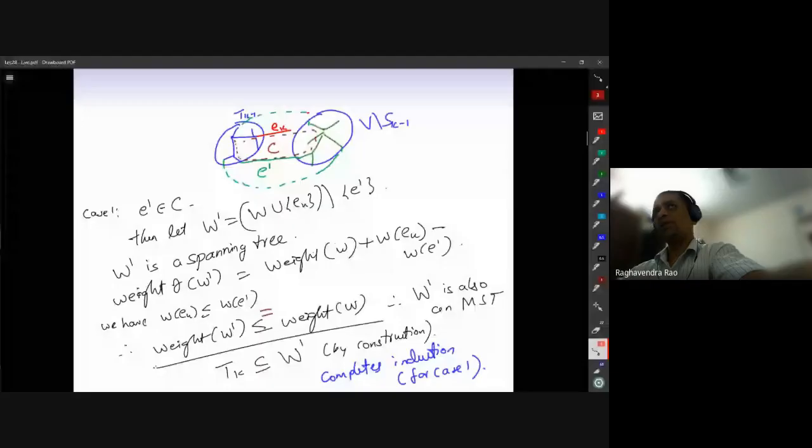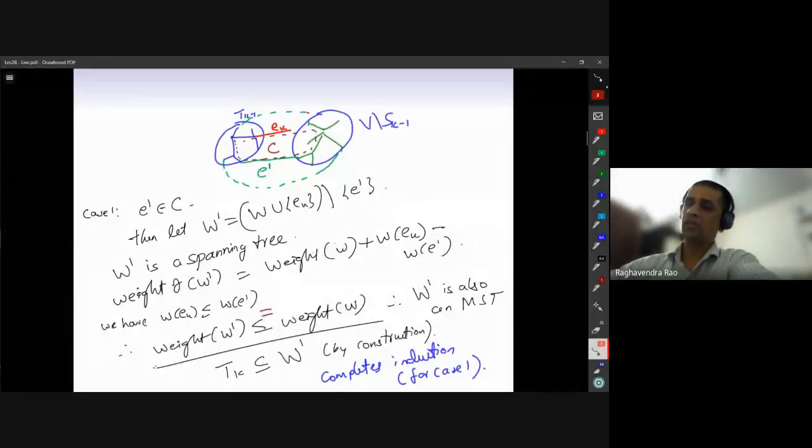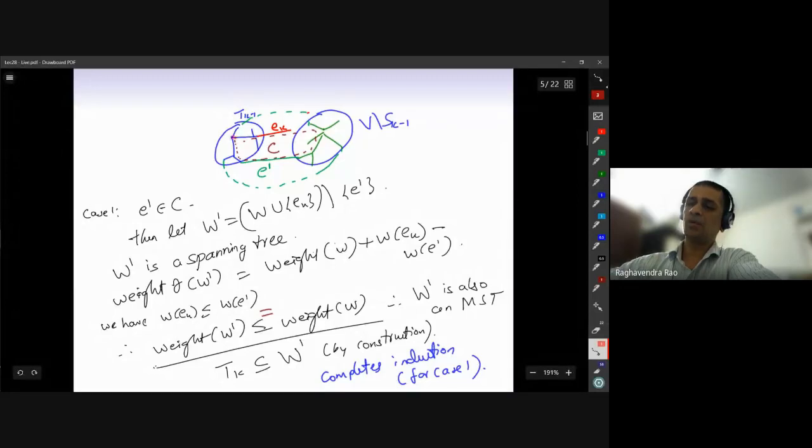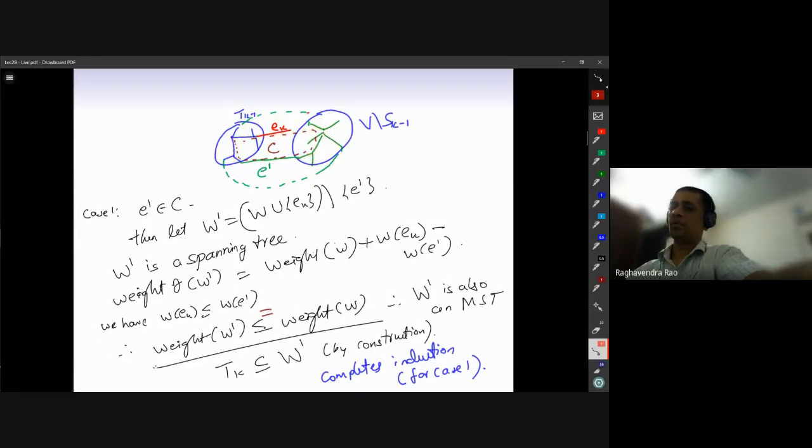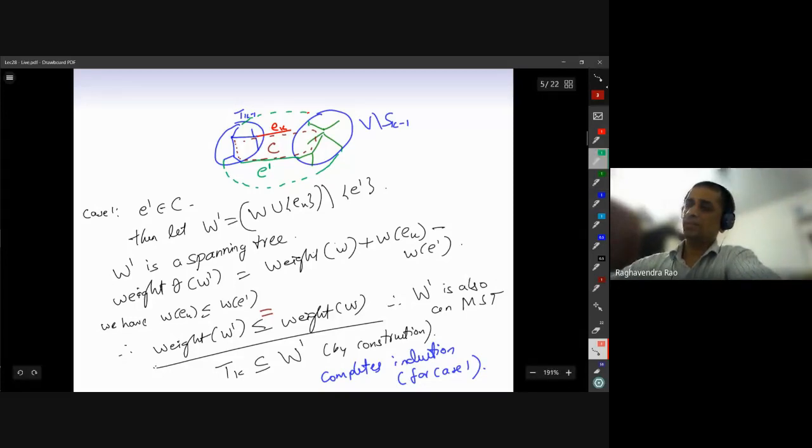So the cycle will have at least one more edge. It could have multiple edges, since it can go back and forth, but at least one more edge so that it completes the cycle. Because the cycle starts from here, it has to come back this way. That edge could be anything. Let's call it E double prime.